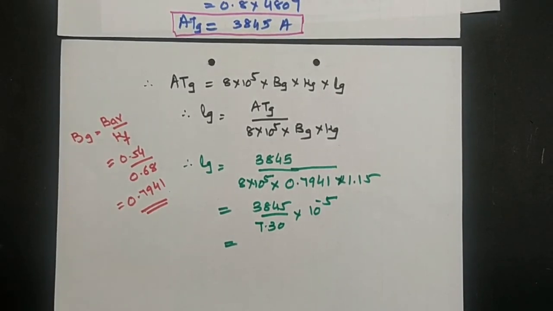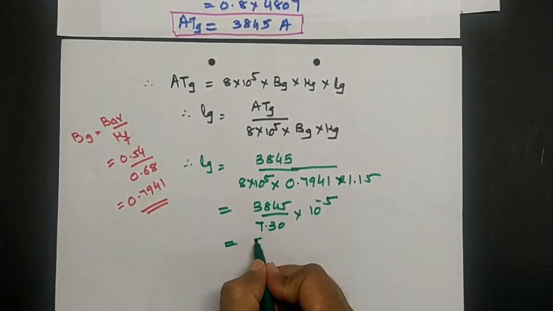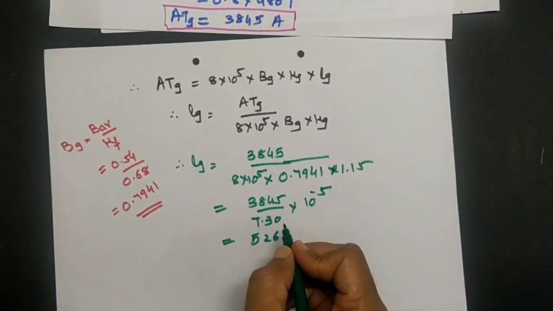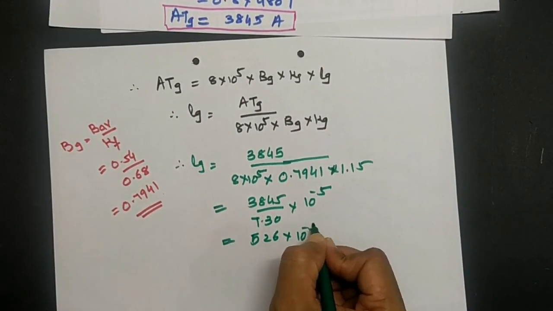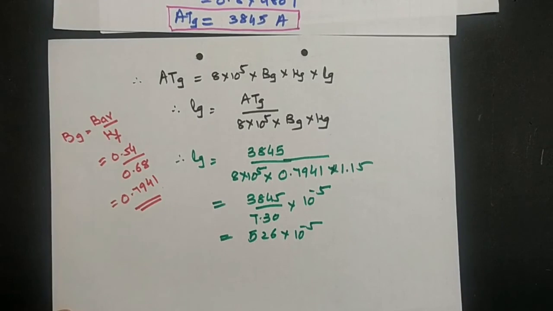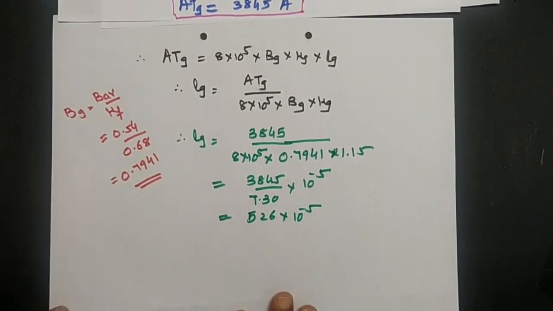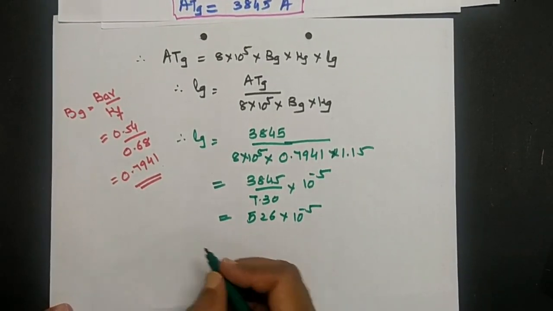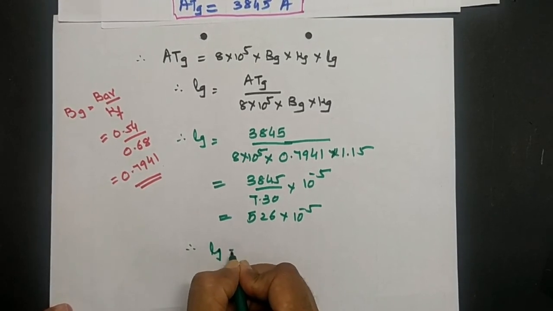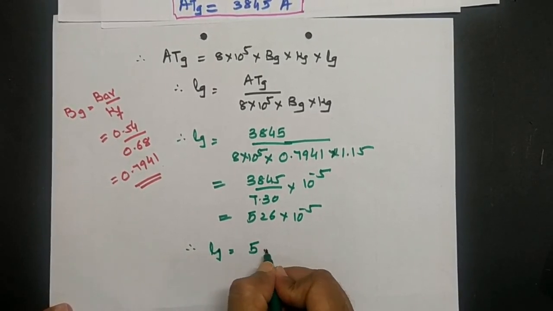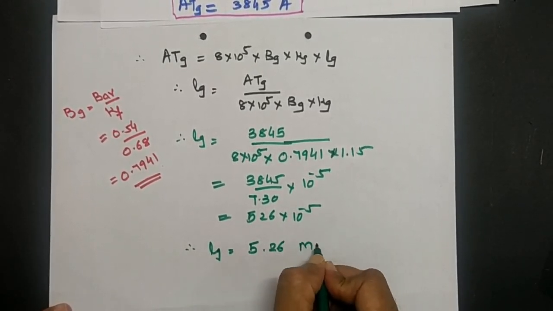So 3845 divided by 7.30 is 526 multiplied by 10 raised to minus 5. If we convert it into millimeter, then Lg is 5.26 millimeter.